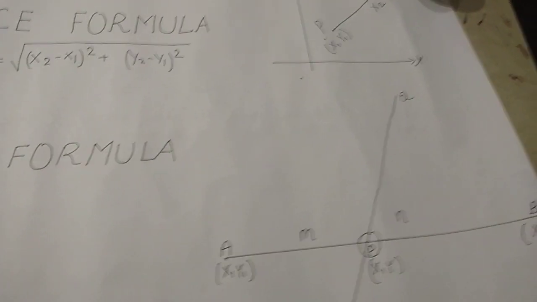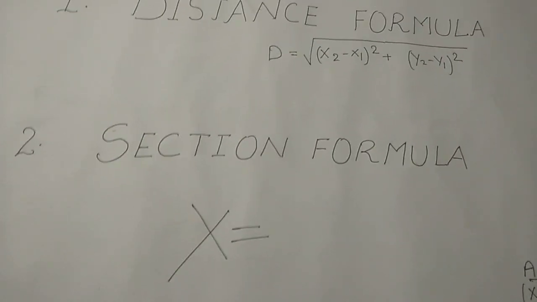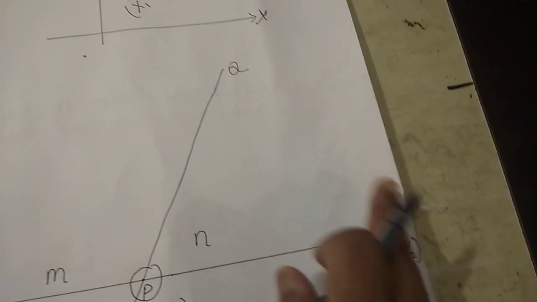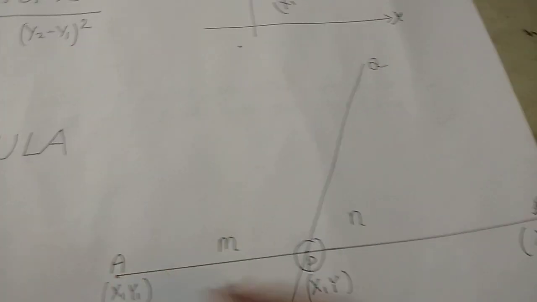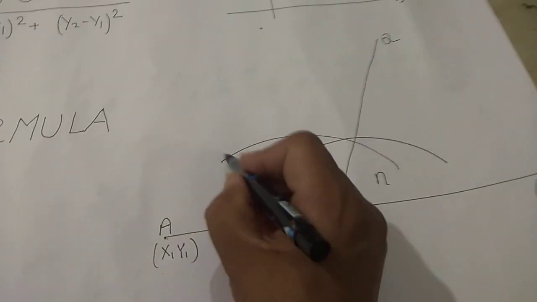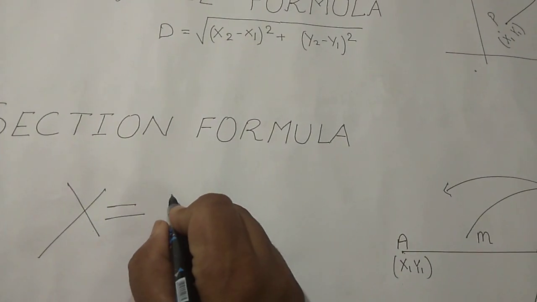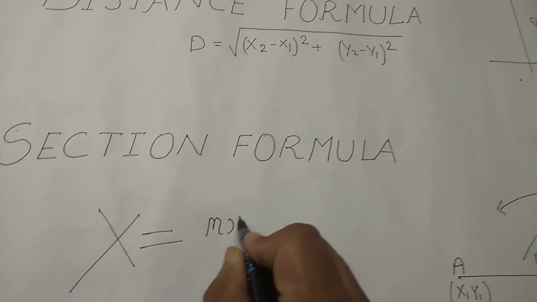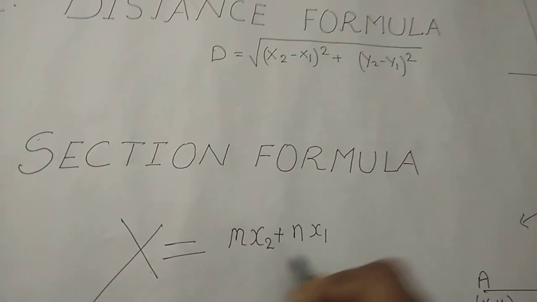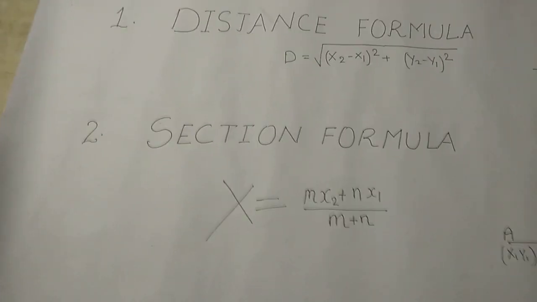So the value of x is equal to m multiplied by x2 plus n multiplied by x1, upon m plus n.